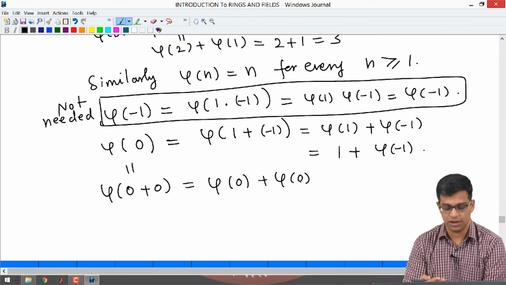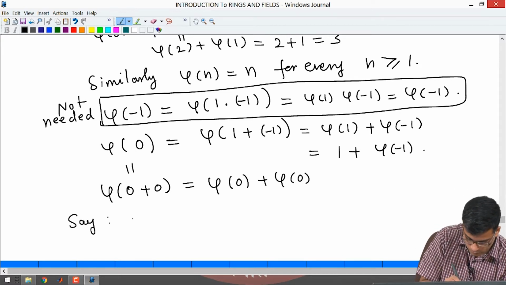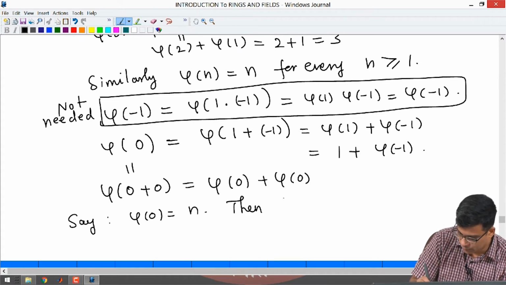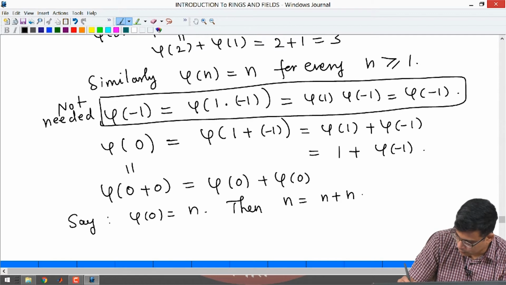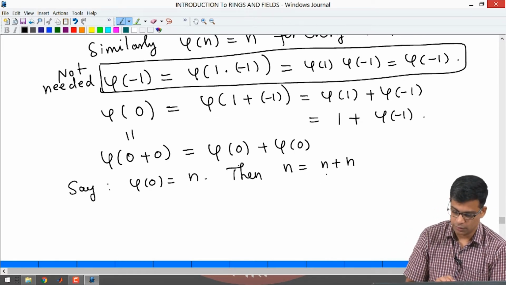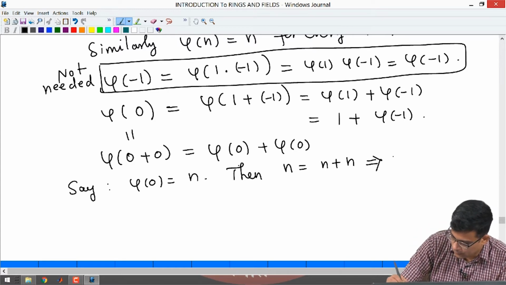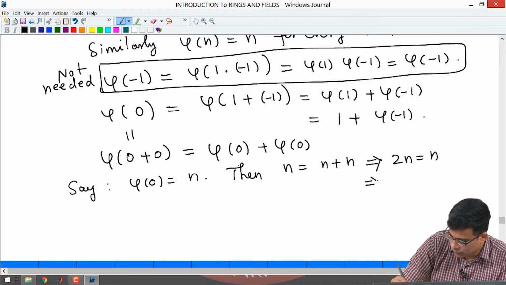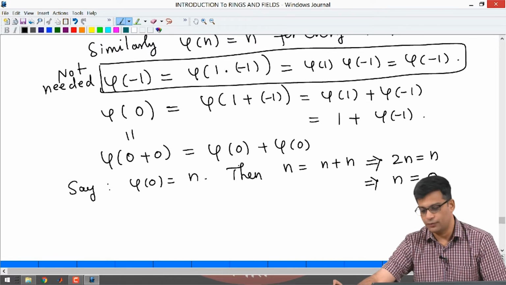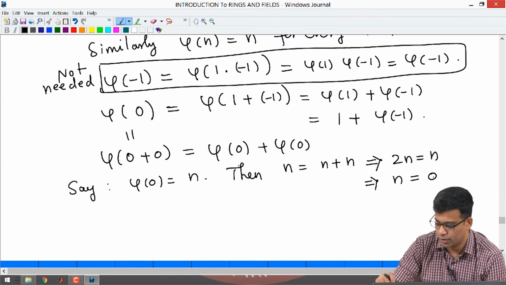But now, what integer has this property? Let us say phi of 0 is equal to some n. Then we have n equals n plus n. Once n is equal to n plus n, that means 2n equals n, that means n is 0, because if you have any integer which twice that is equal to itself, n must be 0.